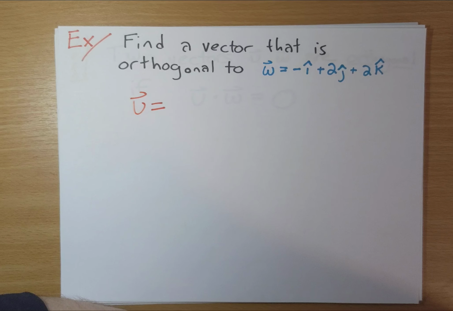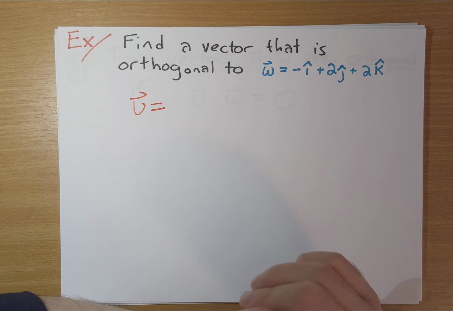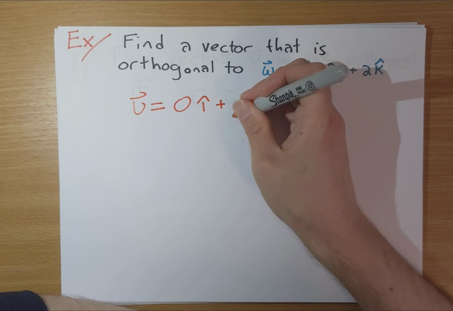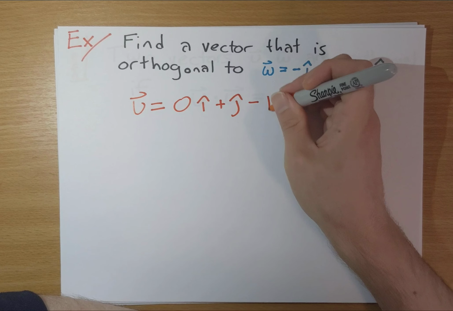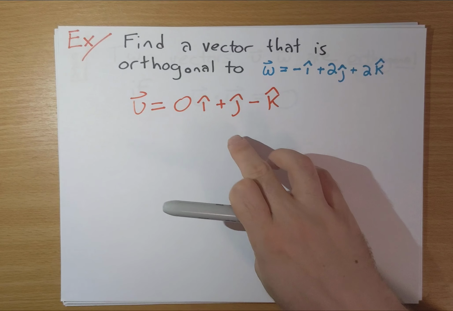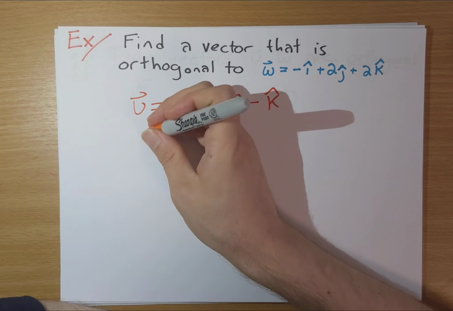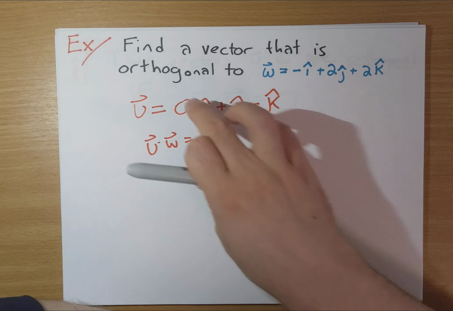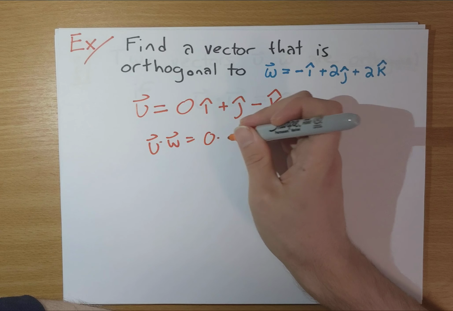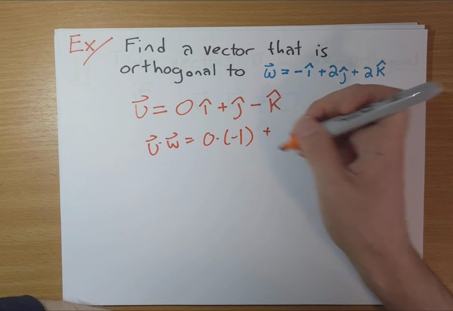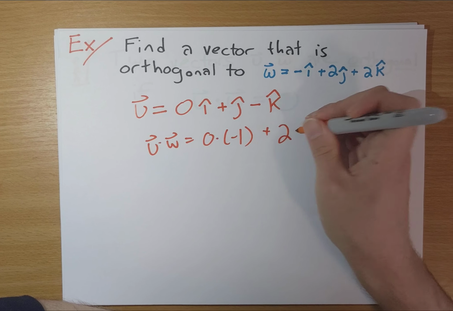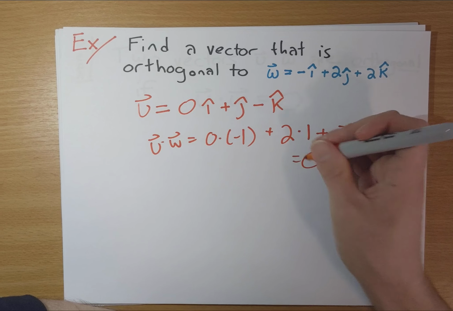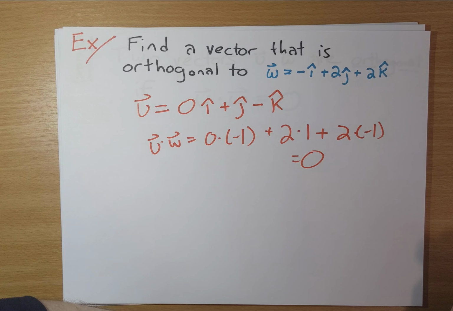I could make u equal to 0 i hat plus 1 j hat minus 1 k hat. In that case, u dot w would be 0 times negative 1, plus 1 times 2, plus negative 1 times 2, and sure enough, that's 0.